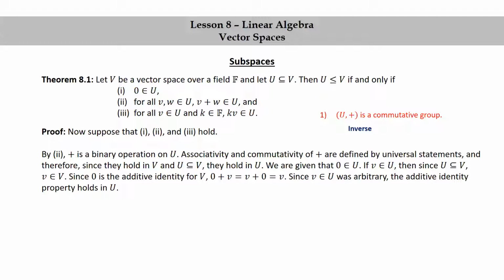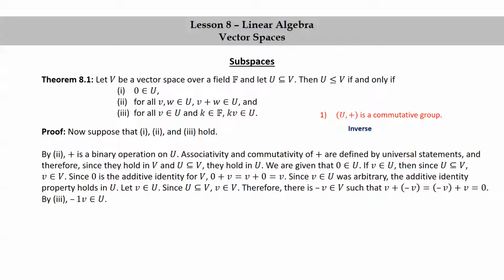And inverse. Let V be in U. Since U is a subset of V, V is in V. Therefore, there is negative V in V such that V plus negative V equals negative V plus V equals 0.